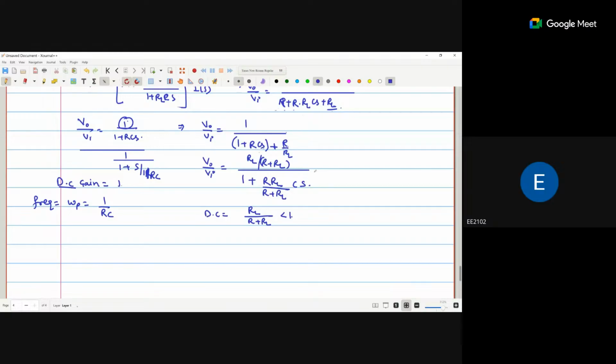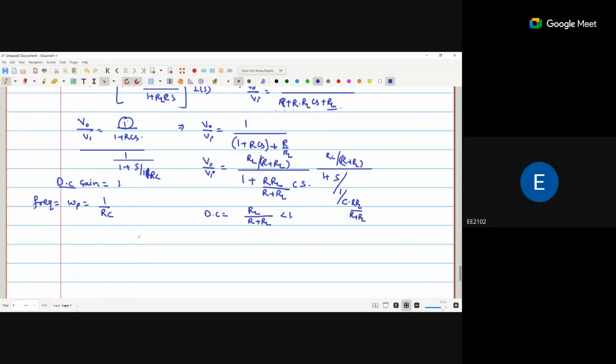Here, it is RL upon R plus RL divided by 1 plus S divided by 1 by C times RL upon R plus RL.